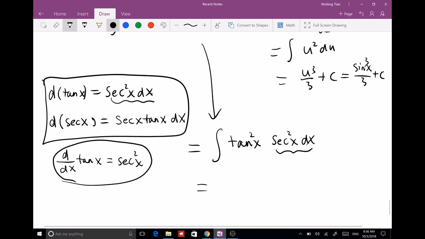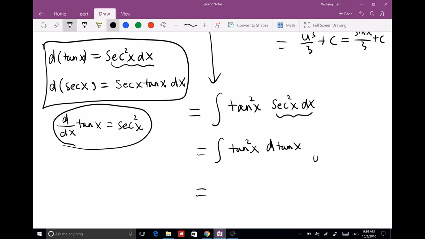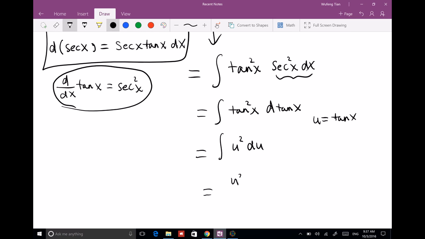I will have tangent x and d of tangent x. Then you substitute u equals tangent x, and the whole thing will be just u squared du. So the final answer is going to be u cubed over 3 plus c. Got that? The answer is going to be tangent x cubed over 3 plus c.